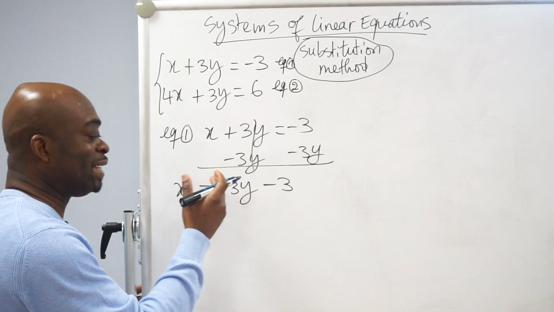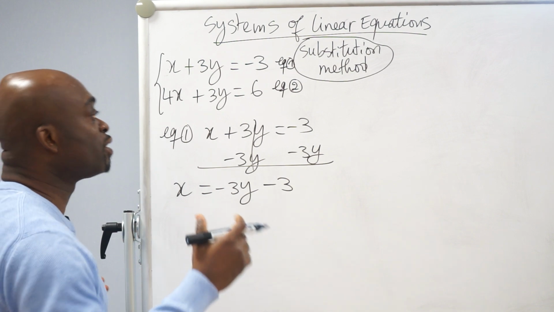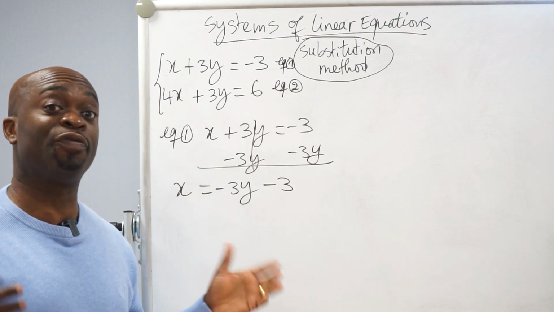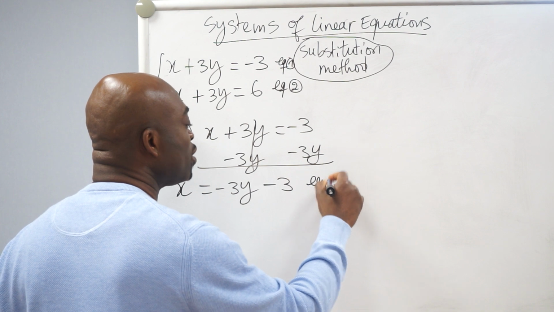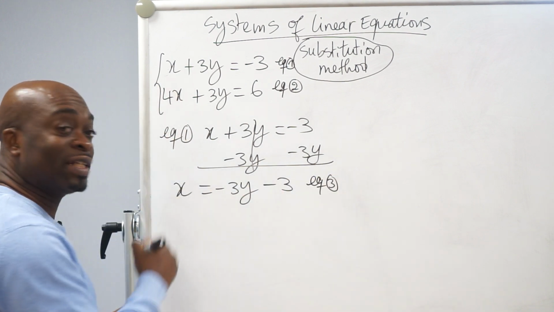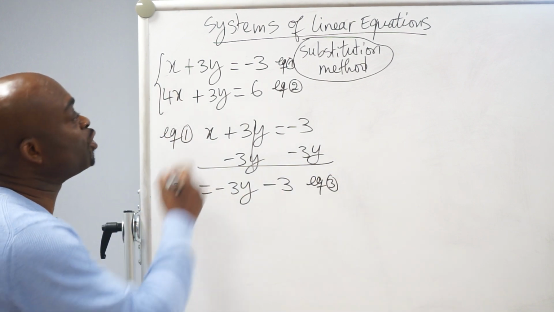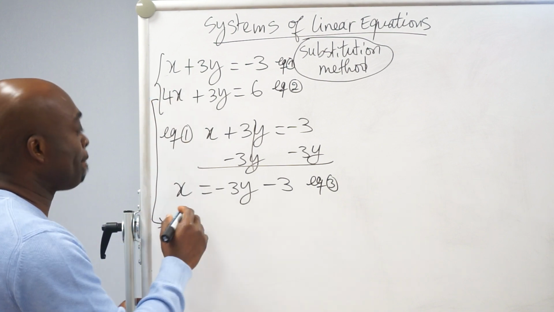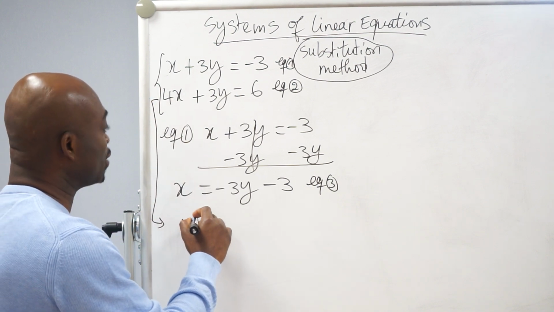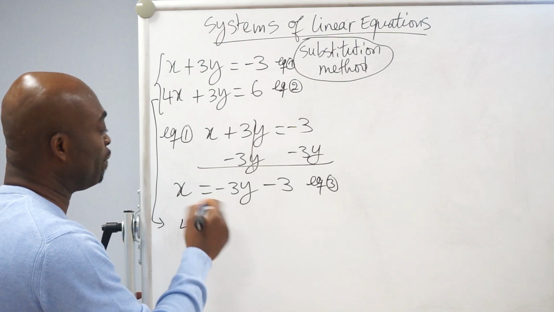After we get x here, we can call this equation 3. We're going to take equation 3 and substitute it into equation 2. Here is equation 2, which has 4x. So we plug that in there.